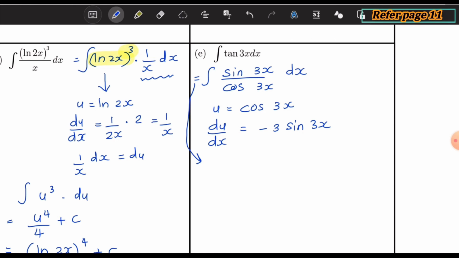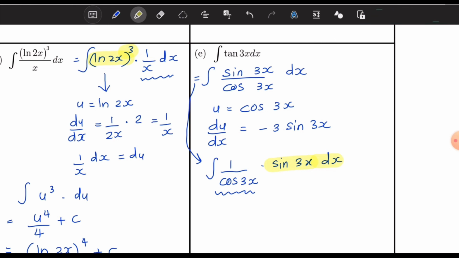And if I rewrite the function, I will get integrate 1 over cos 3x first. This function is related to u, and times sine 3x dx. For the second function, we have sine 3x dx. For the derivative, we have negative 3 sine 3x, and on the left, we have du over dx.